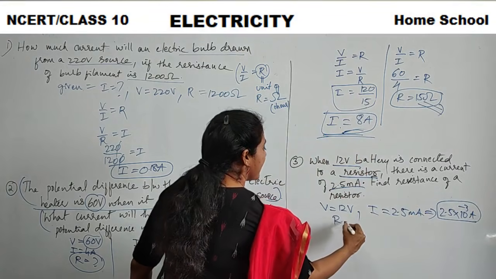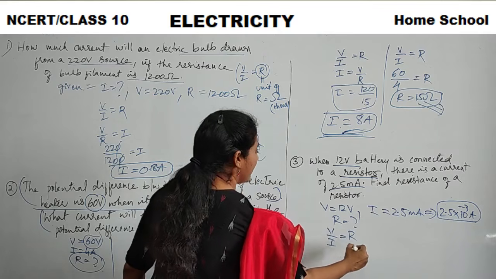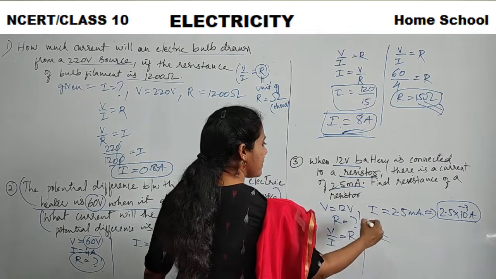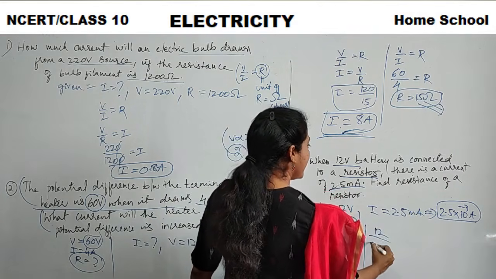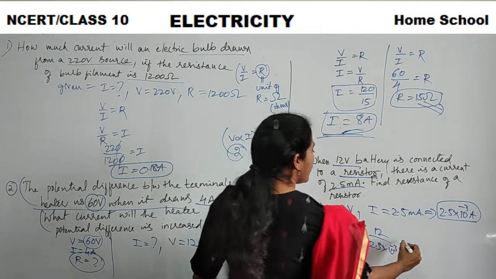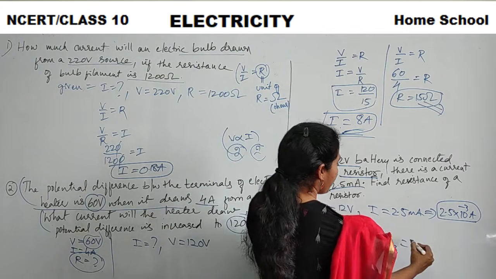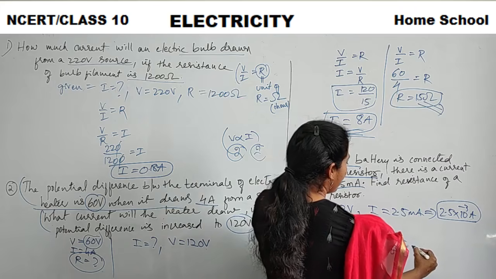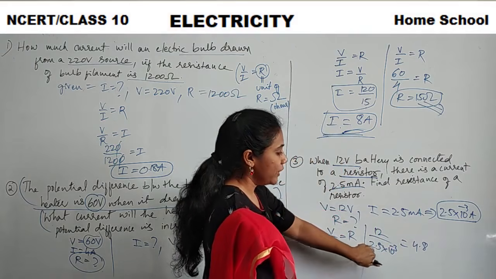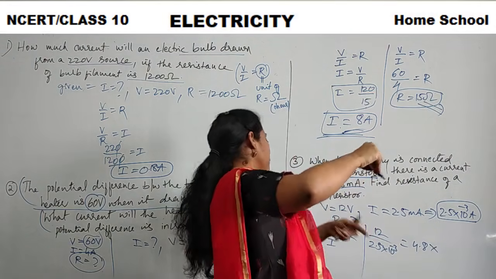So R they are asking, guys. What is our formula? V by I is equal to R. So what is V? 12 divided by I, which is 2.5 into 10 to the power of minus 3. So 12 divided by 2.5, how much do you get? You would get 4.8, right? If you do, you get 4.8 into 10 to the power of minus 3 in the denominator.